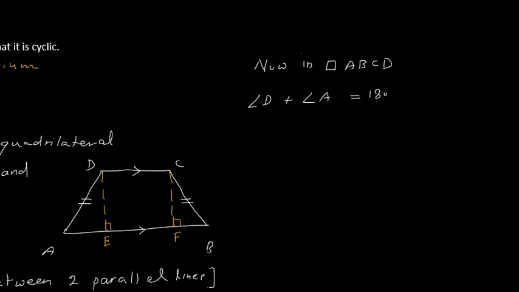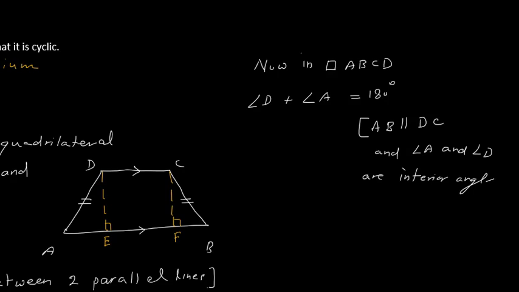Okay, reason: AB is parallel to DC, these two are parallel, and angle A and angle D are interior angles.